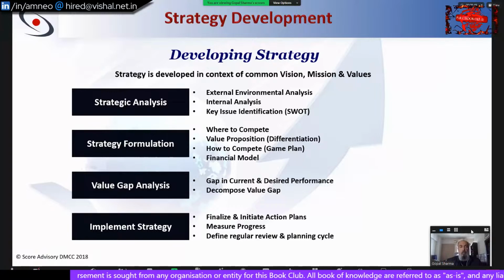In formulation, once you have all the information, you develop your strategies based on that. Key decisions you need to make are where to compete, which industry and segment you're going to compete in, and who your main competitors will be.